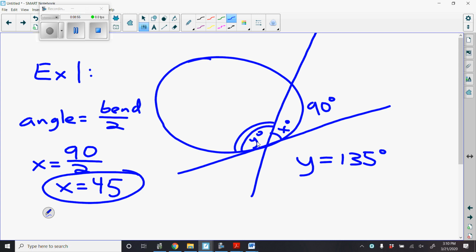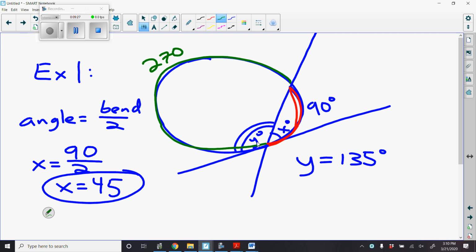Okay. Another way to think about it is, hey, if this bend is 90, I'll use a different color. If this bend is 90, I can figure out that this other bend has to be 360 minus 90. 360 minus 90 is 270.